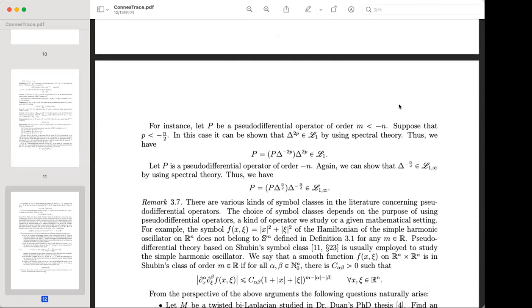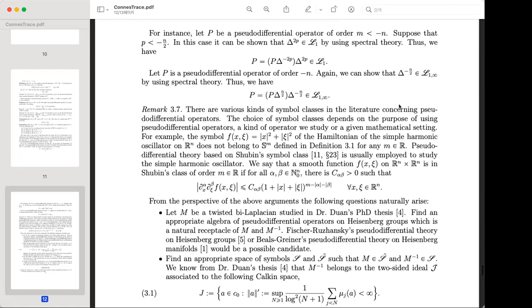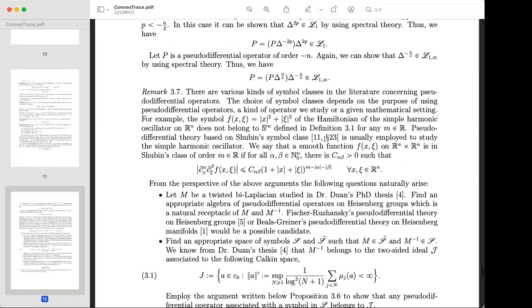All right. So how can we do all this argument in the case of the Heisenberg group? Let's start this way.